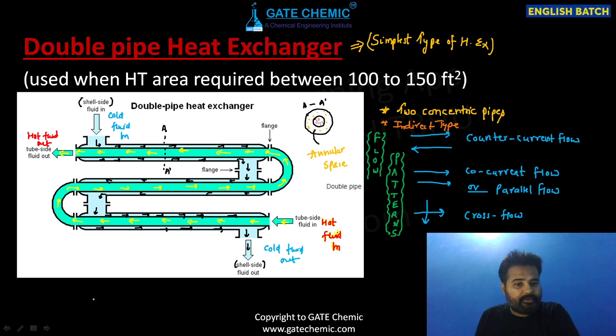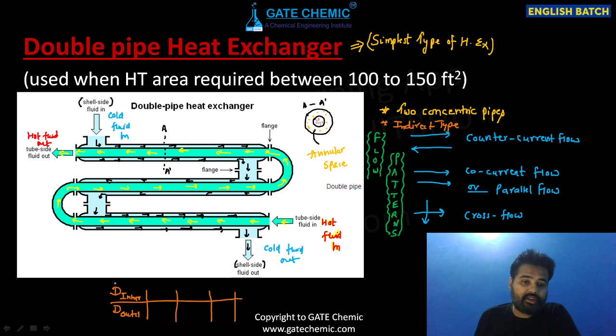And here, if you check the diameter of the inner pipe to the diameter of the outer pipe, for both pipes generally we are using the outside diameter. So generally I am giving you just the standard.